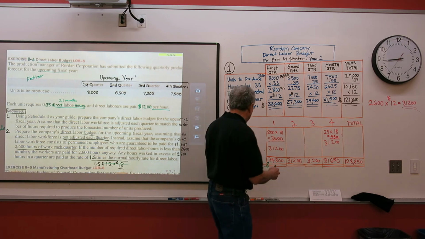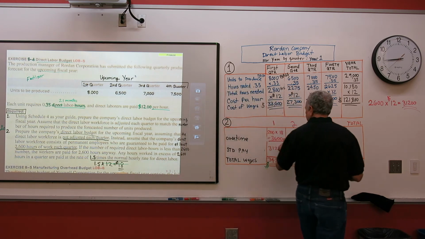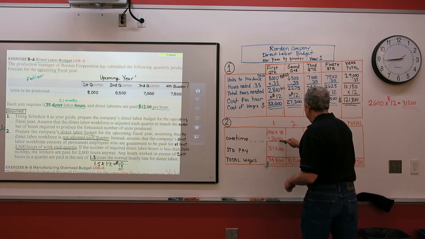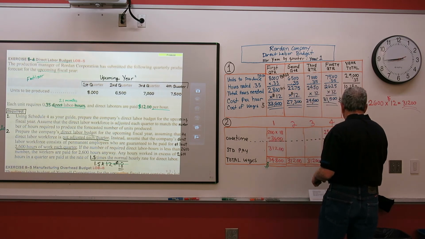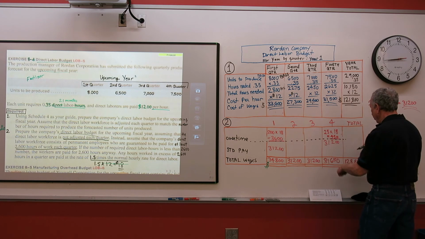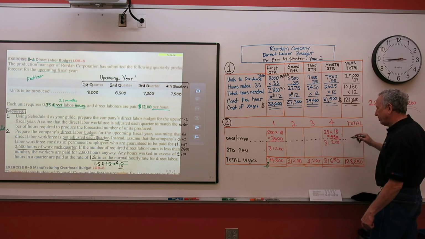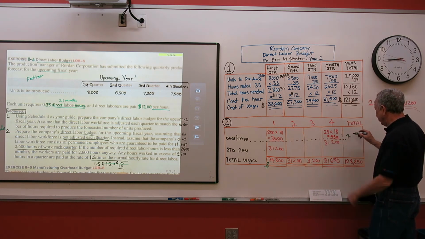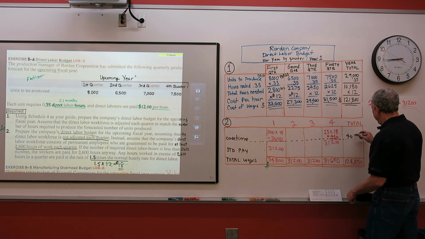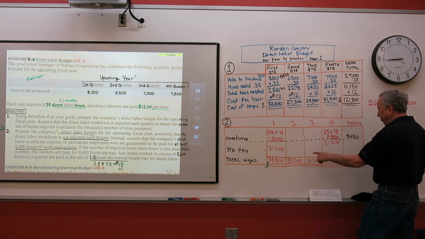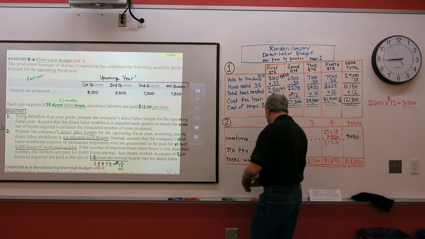And the overtime is, in this case, 3,600 and 450. So your total overtime is going to be $4,050.